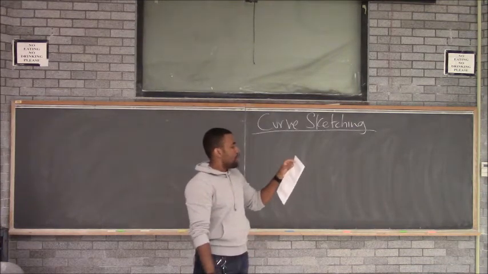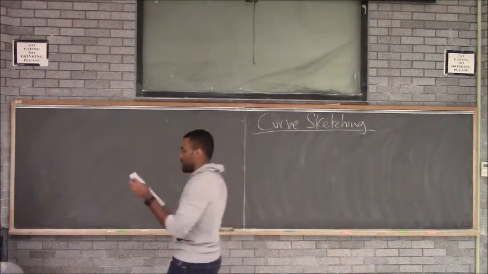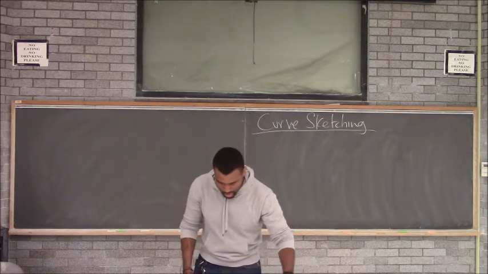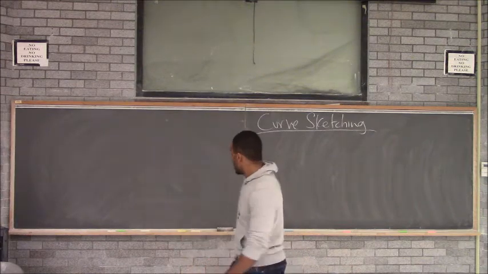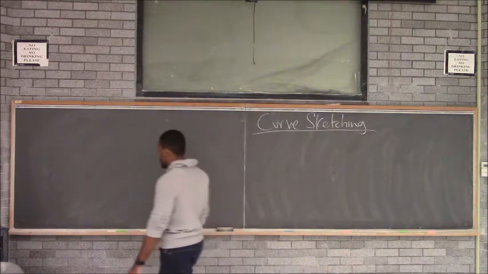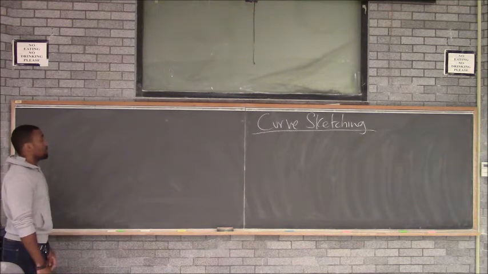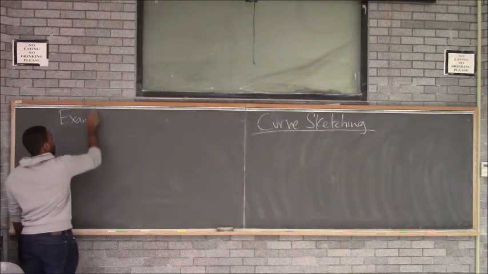So maybe let's just go with an easy example. Something that we all know how to sketch, 1 over x squared, but we're now going to do it in higher detail than we normally do it. So let's do example 1.